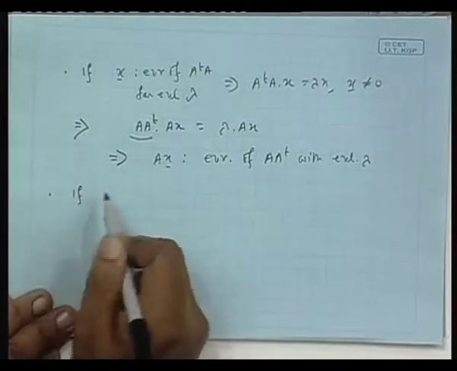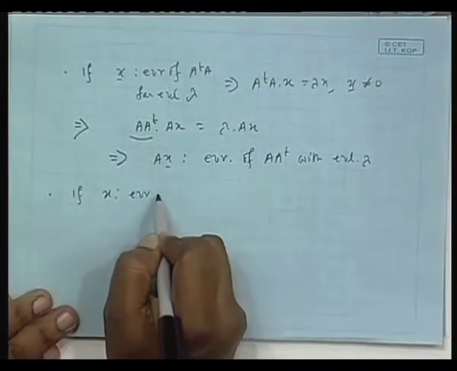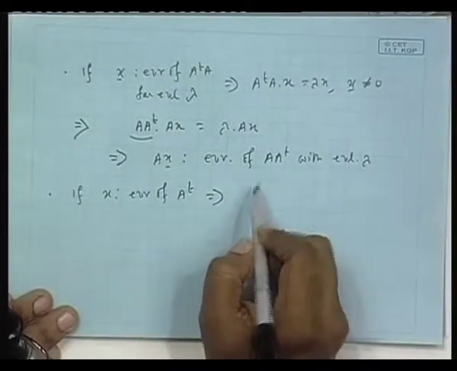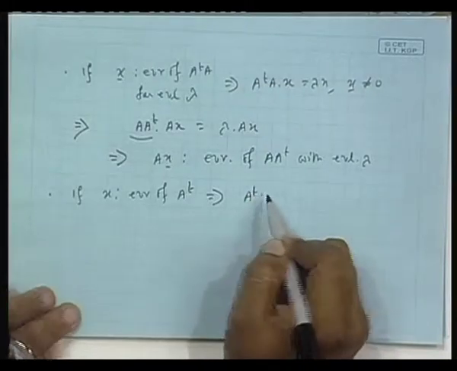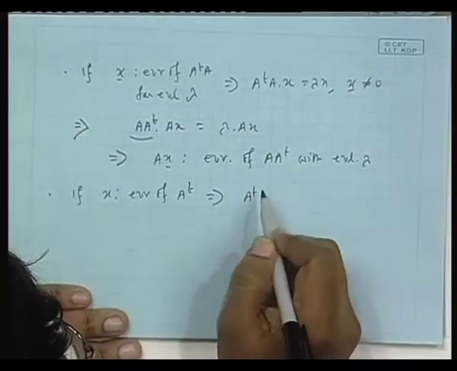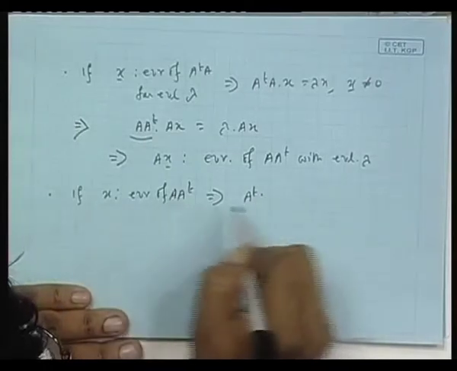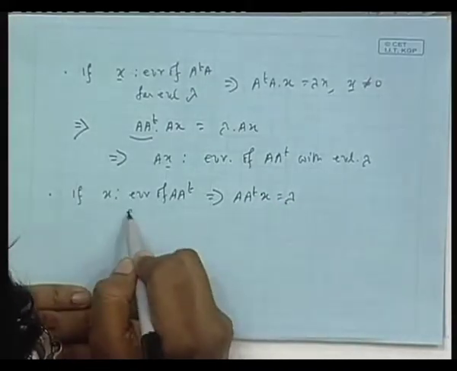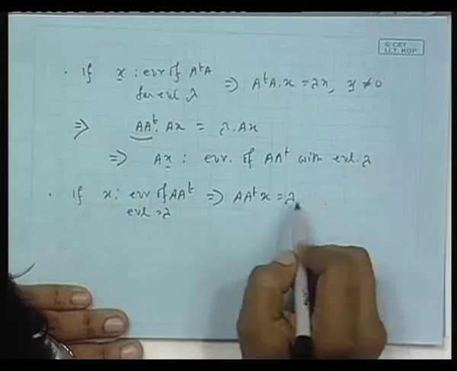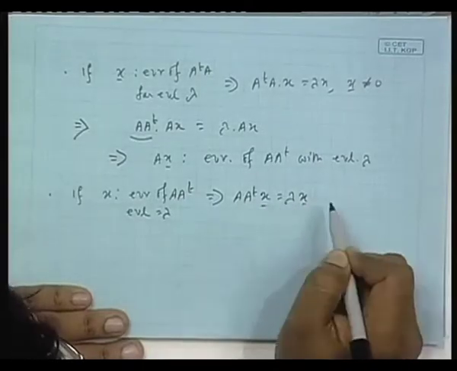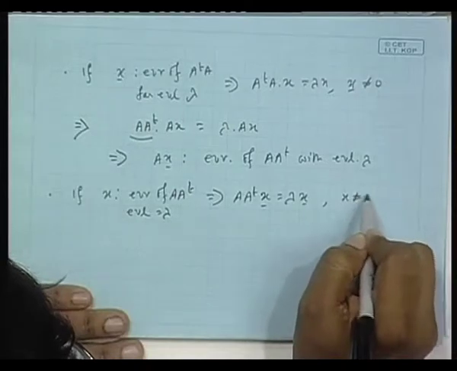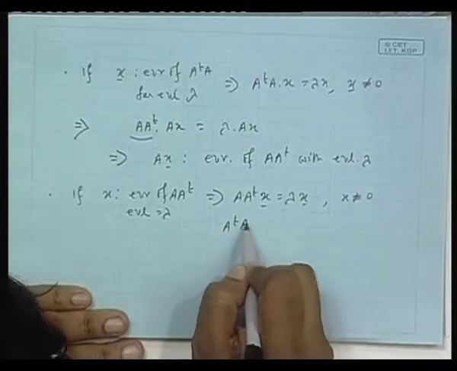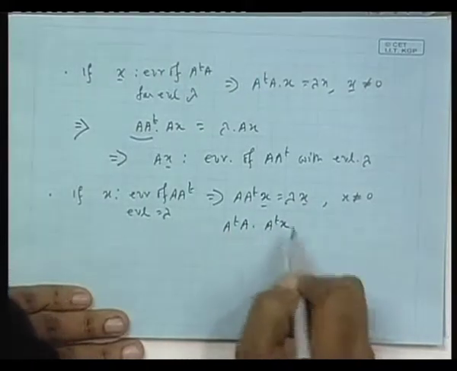Similarly, if x is an eigenvector of A transpose, meaning A transpose x is lambda x, with eigenvalue lambda, and x is not equal to 0, then A transpose x, if you carry it out, what will you get?